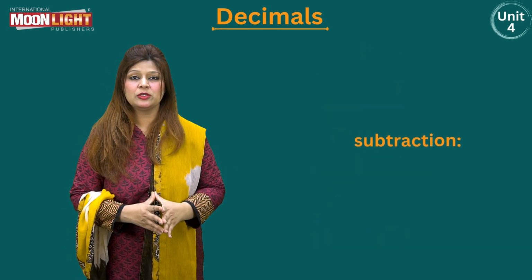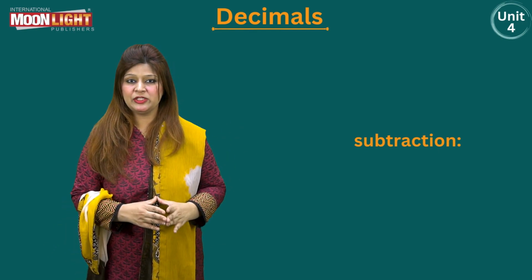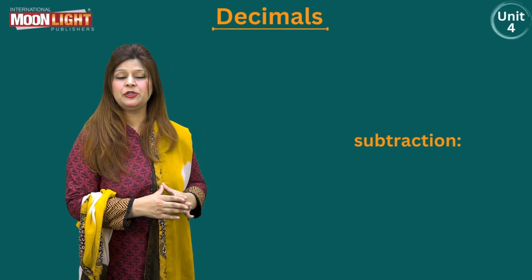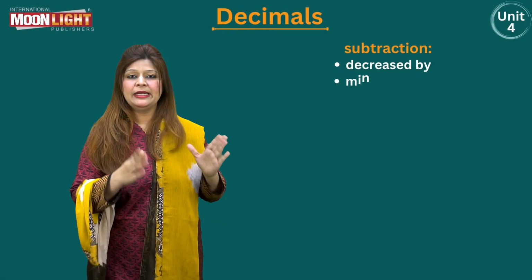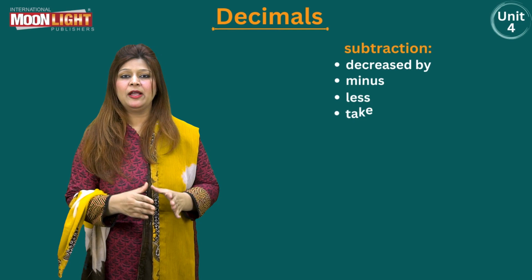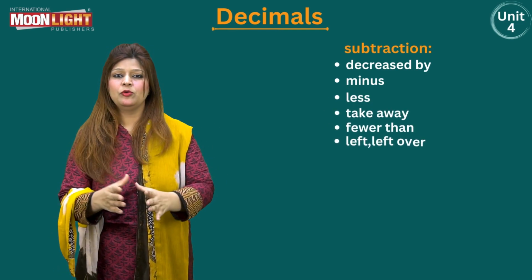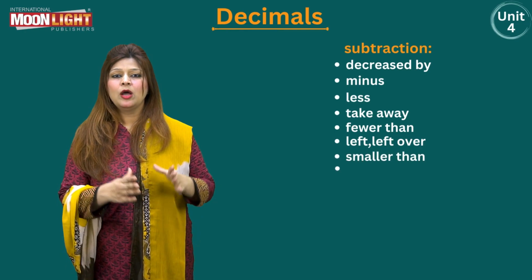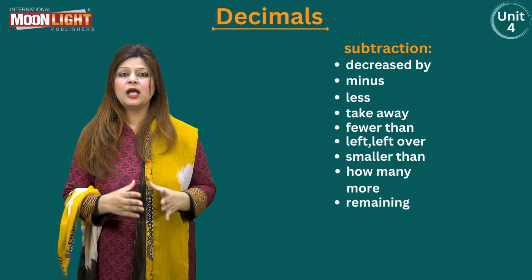Addition and subtraction are opposite to each other, so for subtraction you need to remember the words decreased by, minus, less, take away, fewer than, left, leftover, smaller than, how many more, remaining.